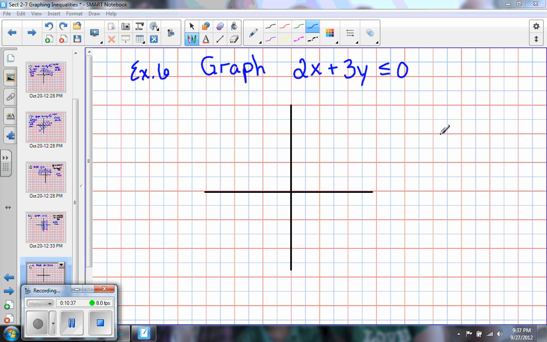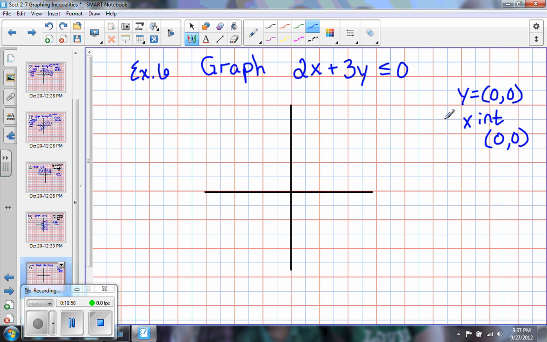Okay, I decided to do one more. So on this one, if I let x equal 0 and solve for y, I get y equals 0 for my y-intercept. And if I let y equal 0 to solve for x, I get for the x-intercept 0, 0. So I should have called this the y-intercept. So here I only have 1 point, and I need 2 points to make a line.